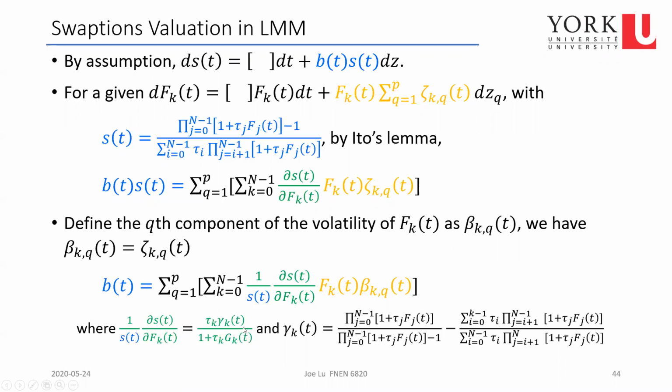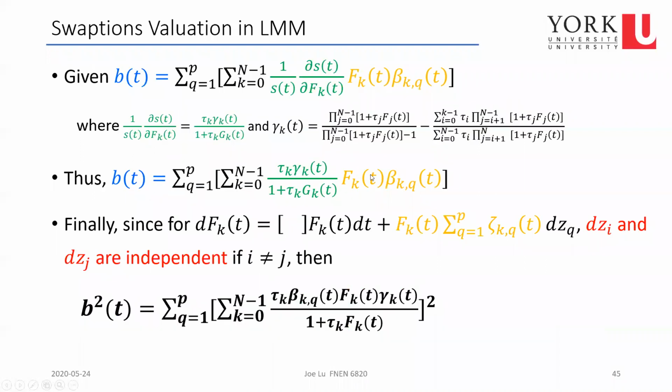Okay, now if you have that, your BT is now equal to this expression. So this green one is being replaced by this, and the yellow one is still the yellow one.